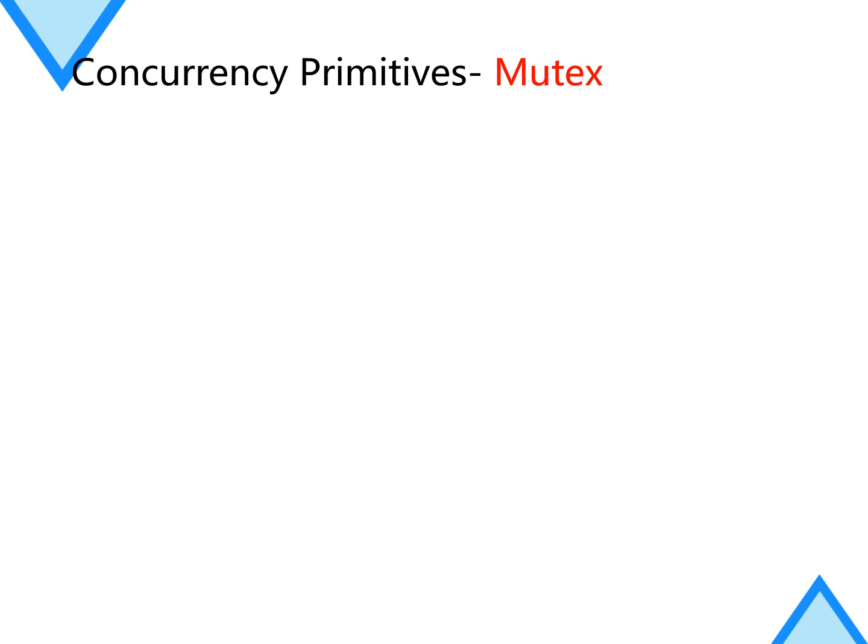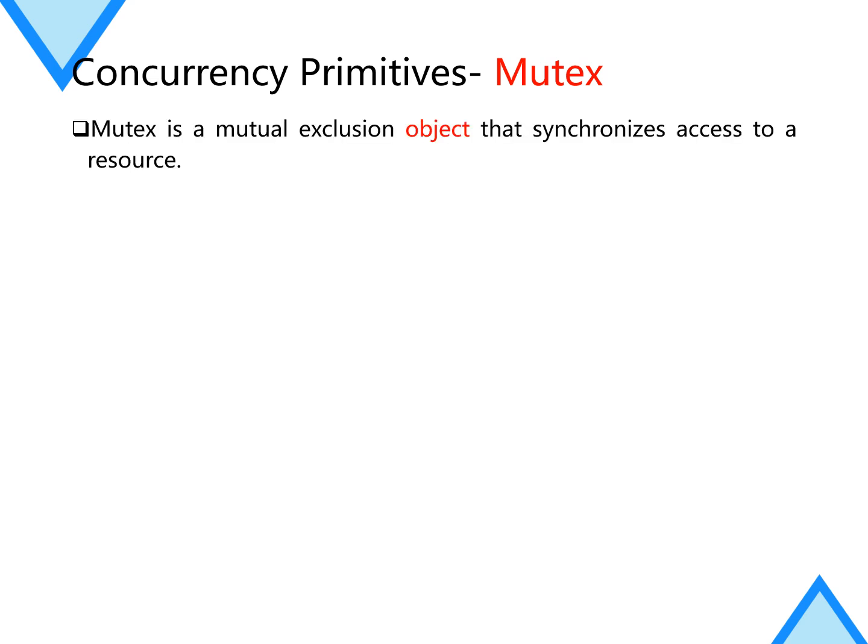The last concurrency primitive is the mutex. A mutex is a mutually exclusive object that synchronizes access to a resource, usually a shared resource. It is created with a unique name at the start of a program. A mutex is an object, and whenever you write a multi-threading program and you write monitor code, you create a mutex with a unique name.